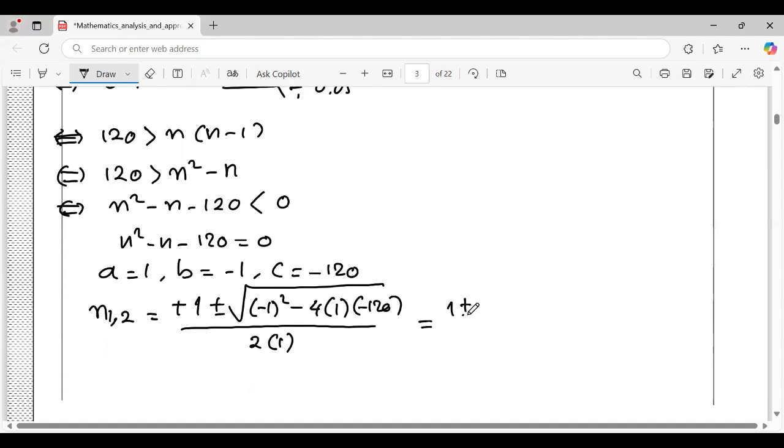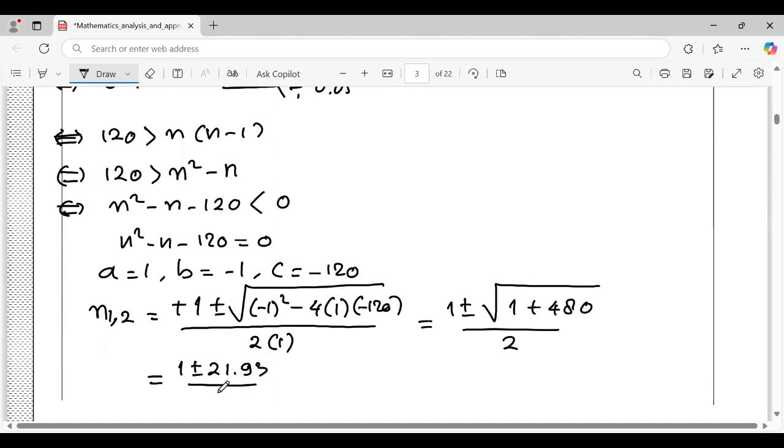That is 1 plus minus root 1 plus 480, divided by 2. So n1 and n2 is 1 plus minus square root 481, which is 21.93, divided by 2.